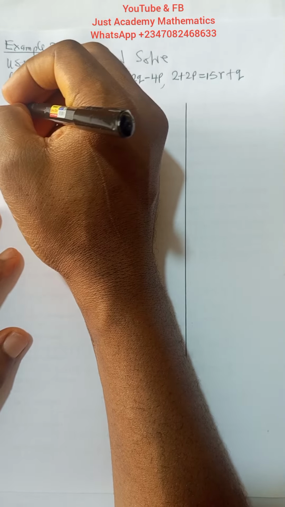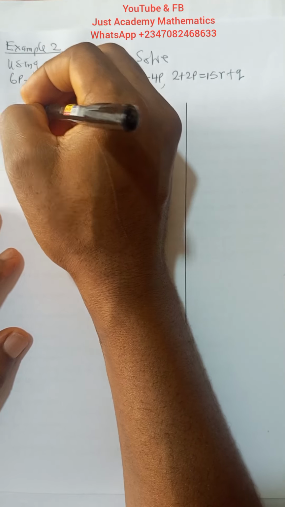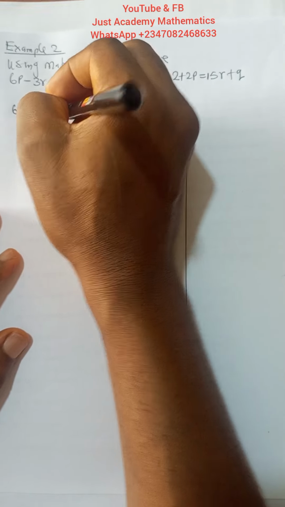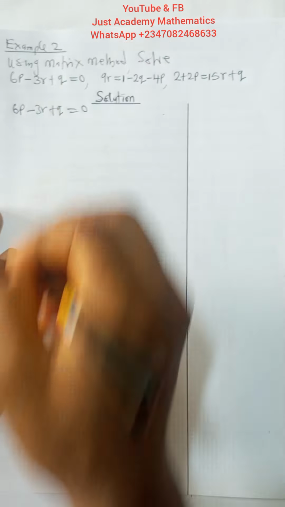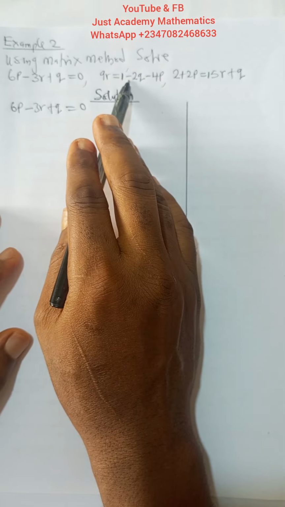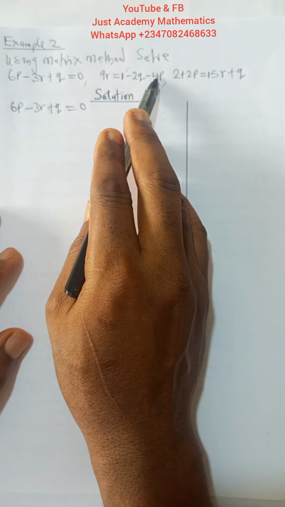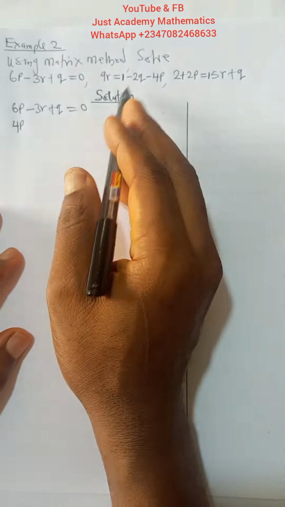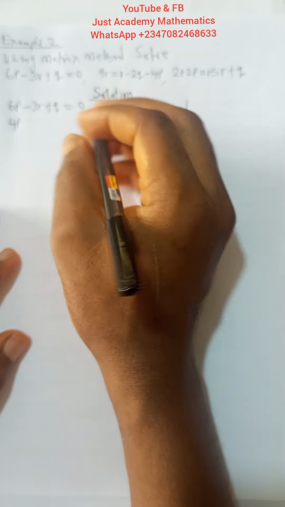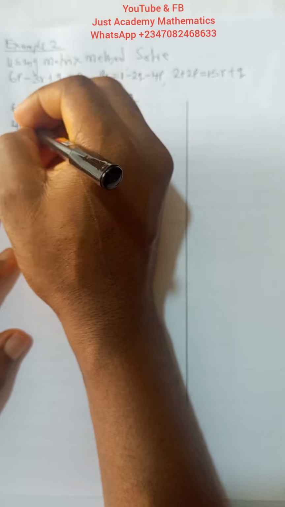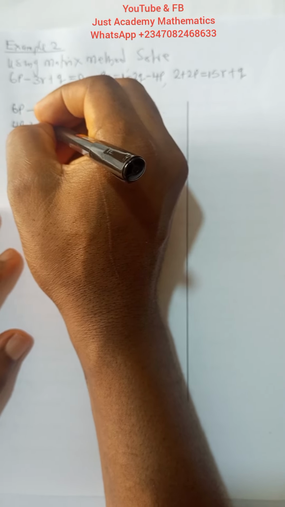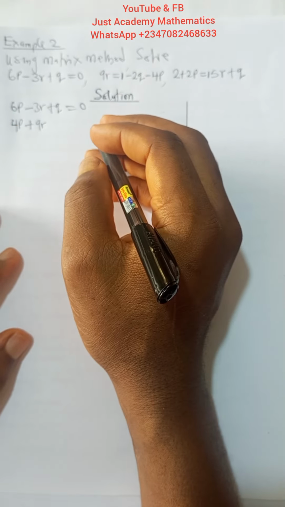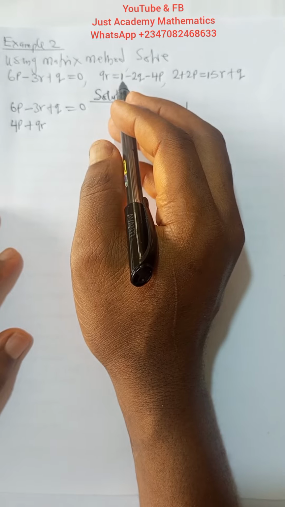So this will be 6p minus 3r plus q equals 0. If you arrange this one, p has to come first. So this one will come here as positive 4p, followed by r, plus 9r, then followed by q.